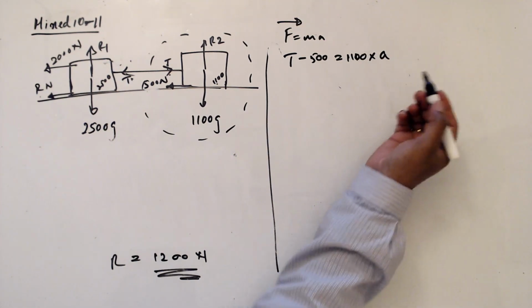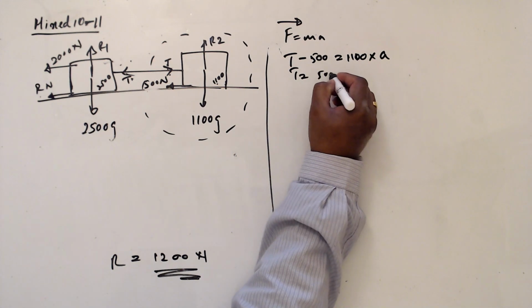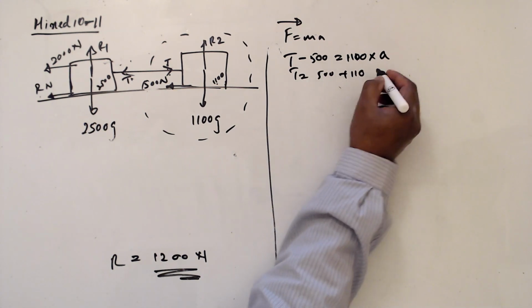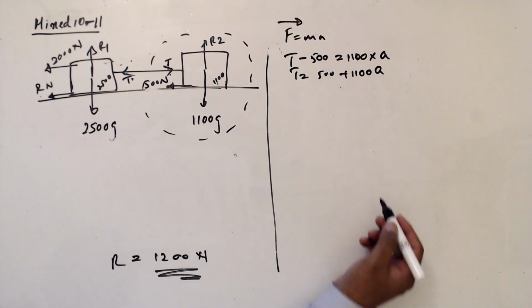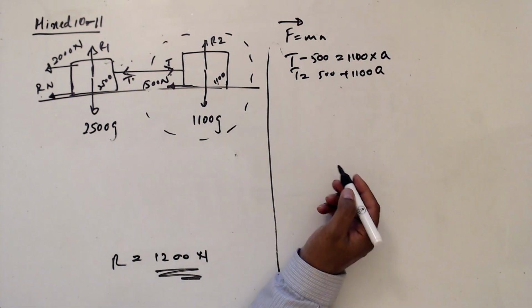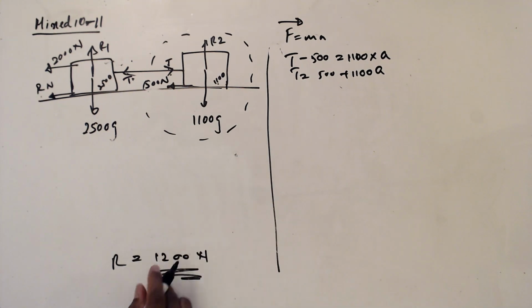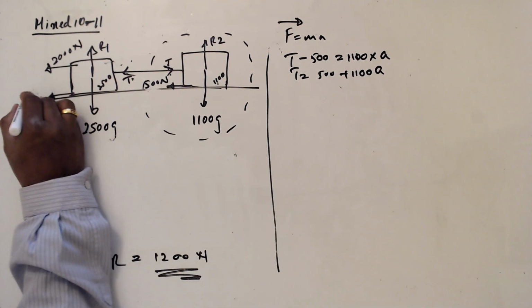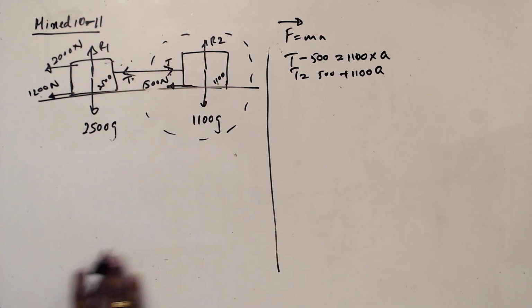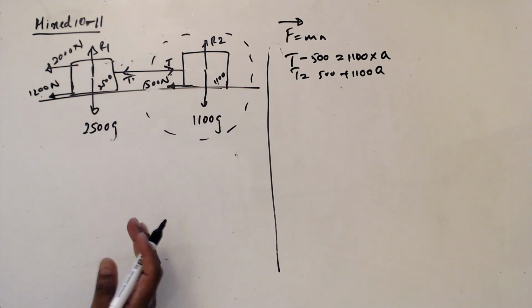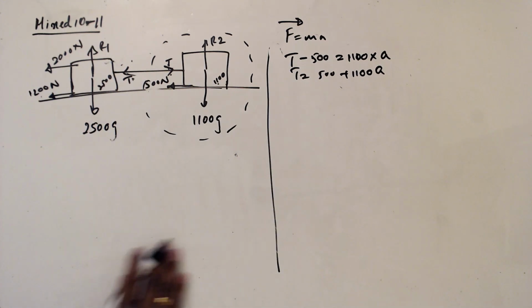We don't know a. So T equals 500 plus 1100a. If we can find a, we know the thrust. Now this R is the same, 1200 Newton. Now we need to find the deceleration, basically.